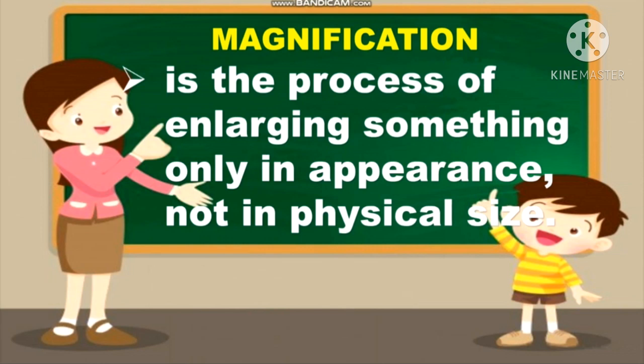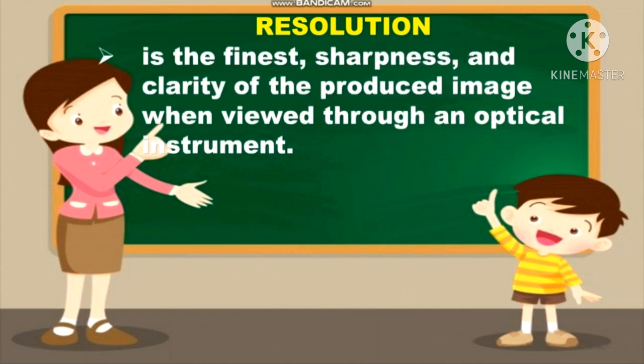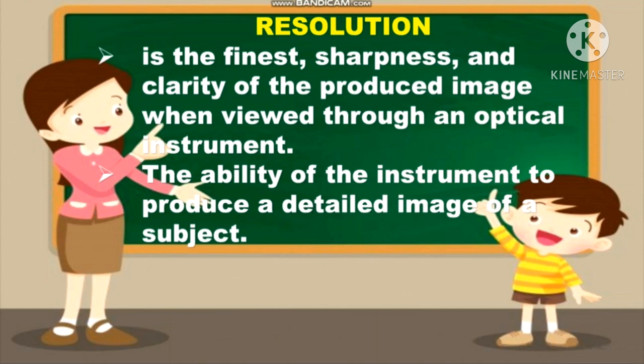Magnification is the process of enlarging something only in appearance, not in physical size. While resolution is the finest sharpness and clarity of the produced image when viewed through an optical instrument, or the ability of the instrument to produce a detailed image of a subject.